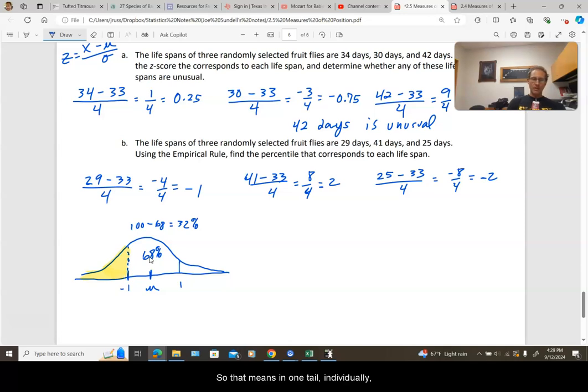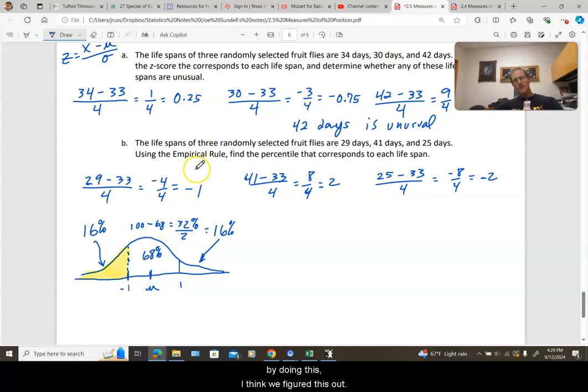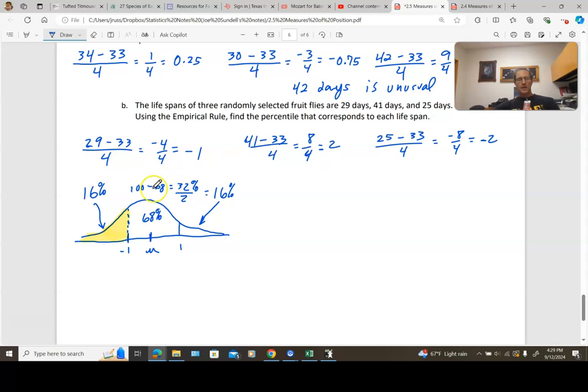So that means in one tail individually there would just be 16%, right? Since there's 2 tails, I divide by 2, so there's 16% here, and there's also 16% right here. All right. Well, by doing this, I think we figured this out. If the area right here in this leftmost tail is 16%, then that is the actual percentile.